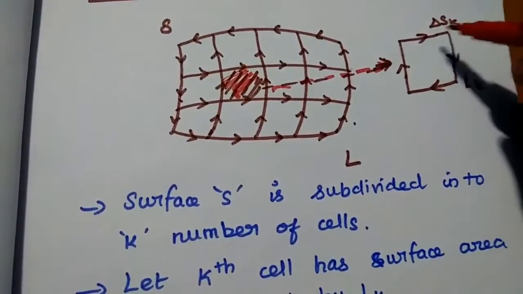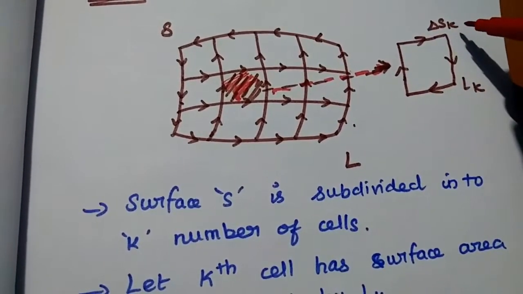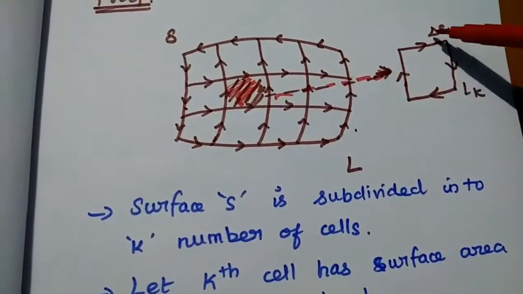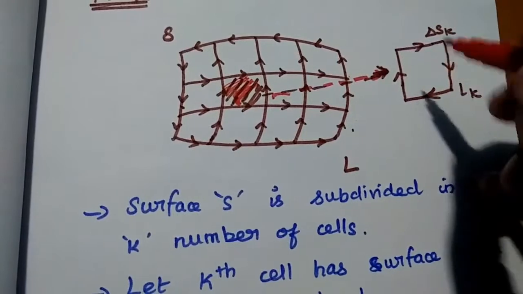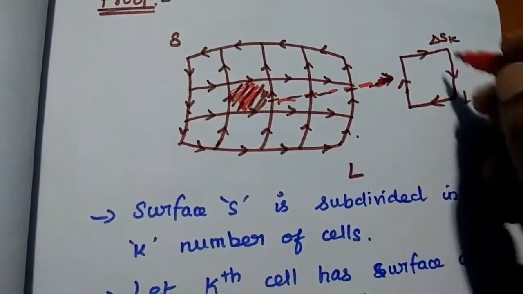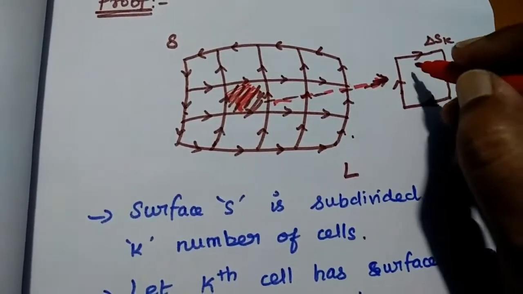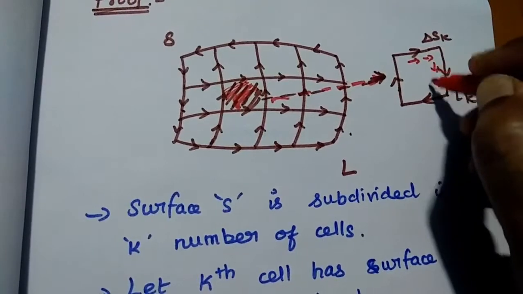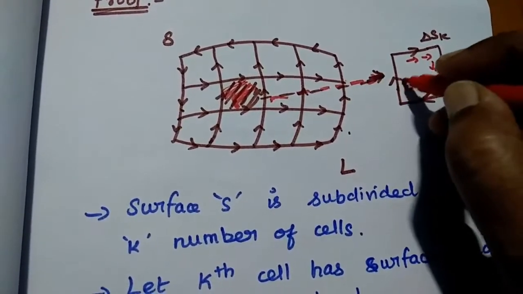Likewise, that surface is del Sk, a smaller surface when compared to the overall surface. The arrow mark defines the flow of charges, so the charges are flowing in this direction.